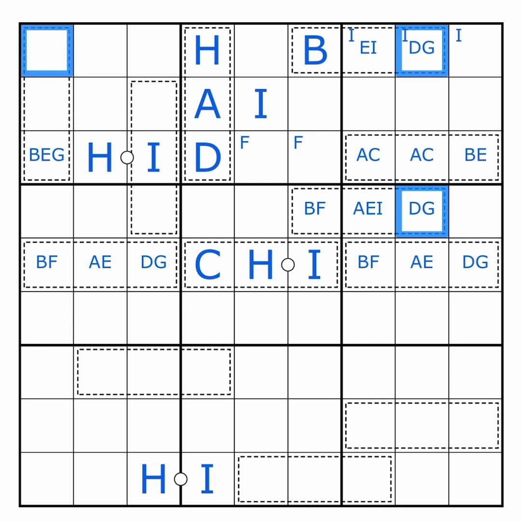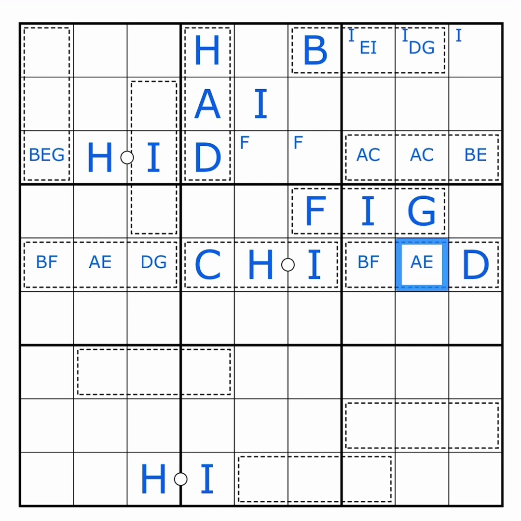That B and this H mean that this is the F in the column. And F, the only F word is fig. So that makes this fed and not bag.